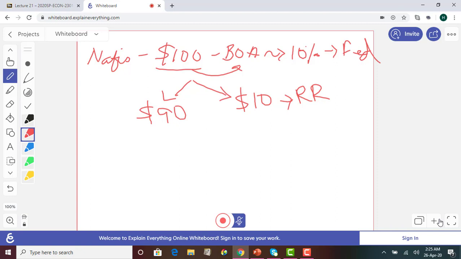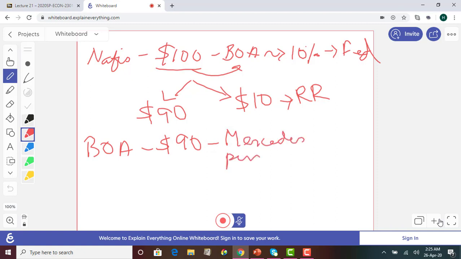Let's say Bank of America loans this $90 to Mercedes, who takes a personal loan. She gets this loan and puts the money in her Wells Fargo account.